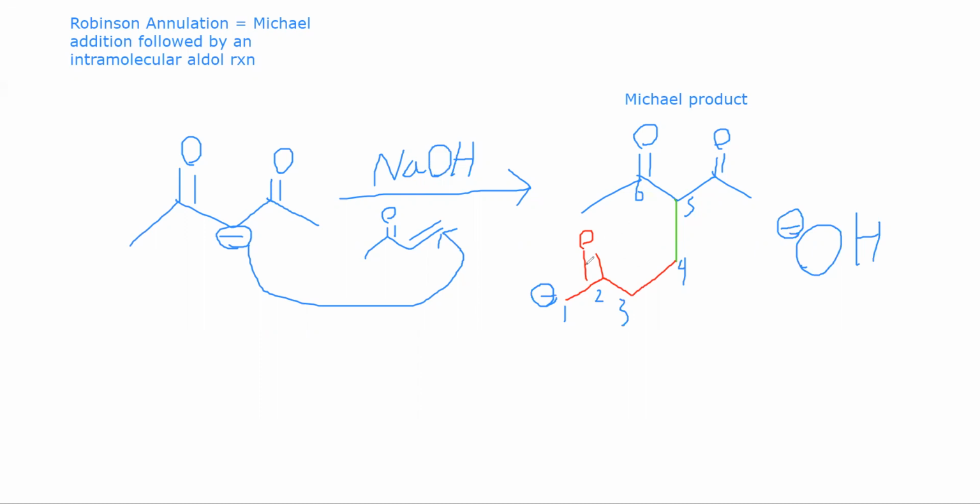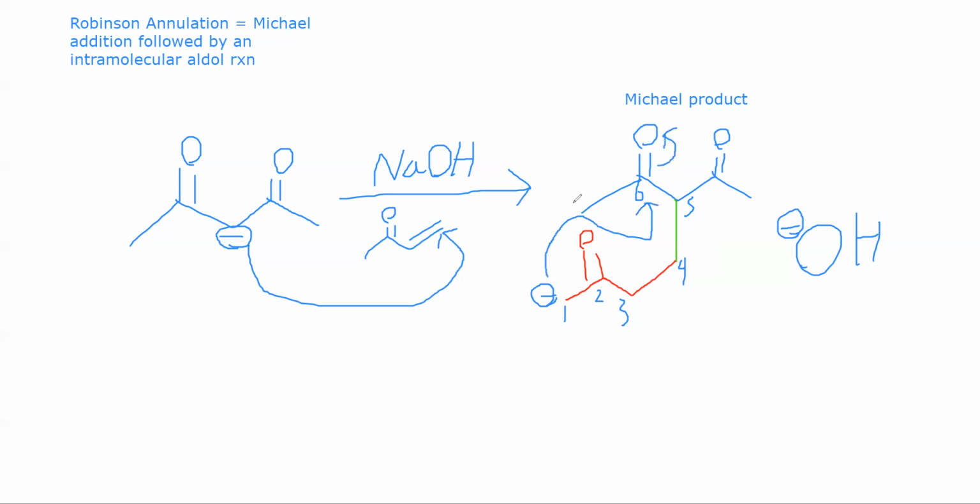And this is always going to be possible. If you do a Michael addition, you're always going to have an alpha position. Well, maybe not always, but if you're using a ketone conjugated with something, you're always going to have this option. So you can always do this intramolecular reaction where you form a 6-membered ring. So I feel like a majority of the time Robinson annulations are possible. It's just I don't know when it won't happen.